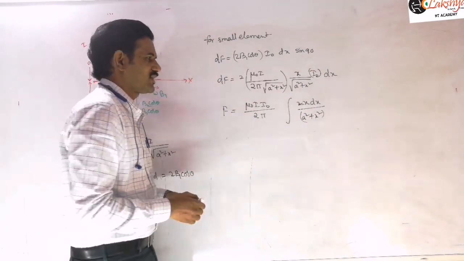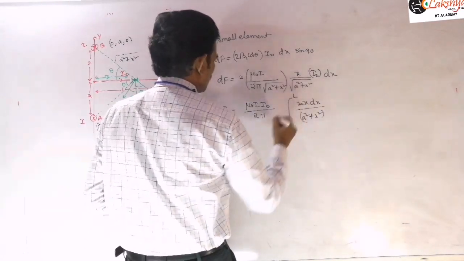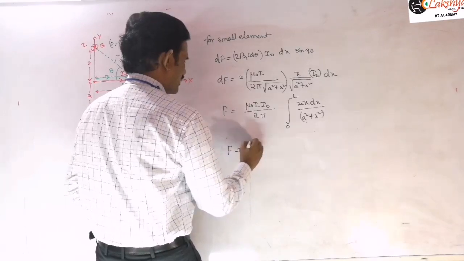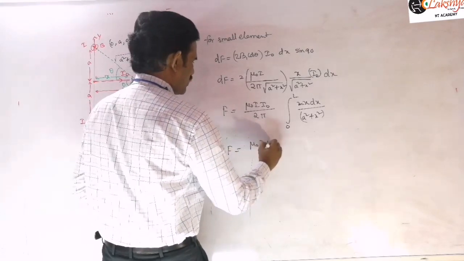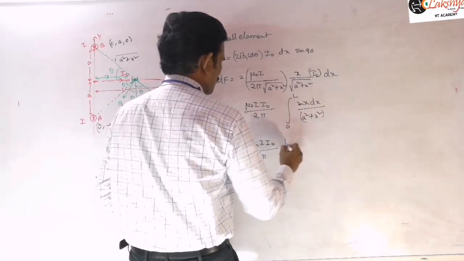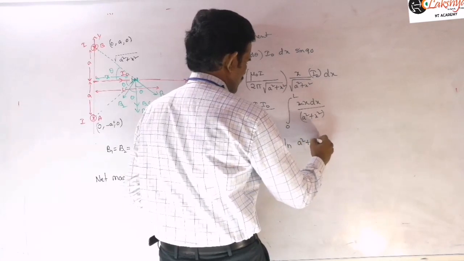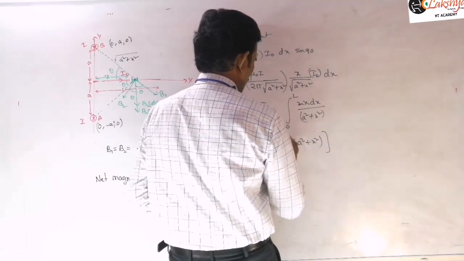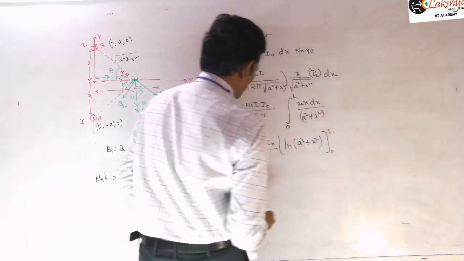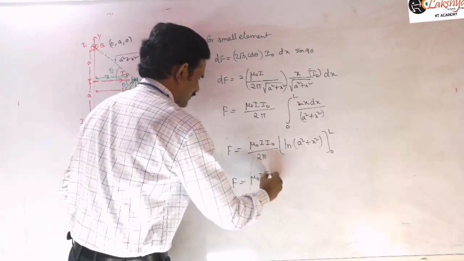And so then in this integration, the limits will be x varies from 0 to L. So therefore simply what I can write here is mu naught I into I naught by 2 pi into, this expression will be ln of a square plus x square. I think all of you can understand this integration easily, because in mathematics I hope it is completed.